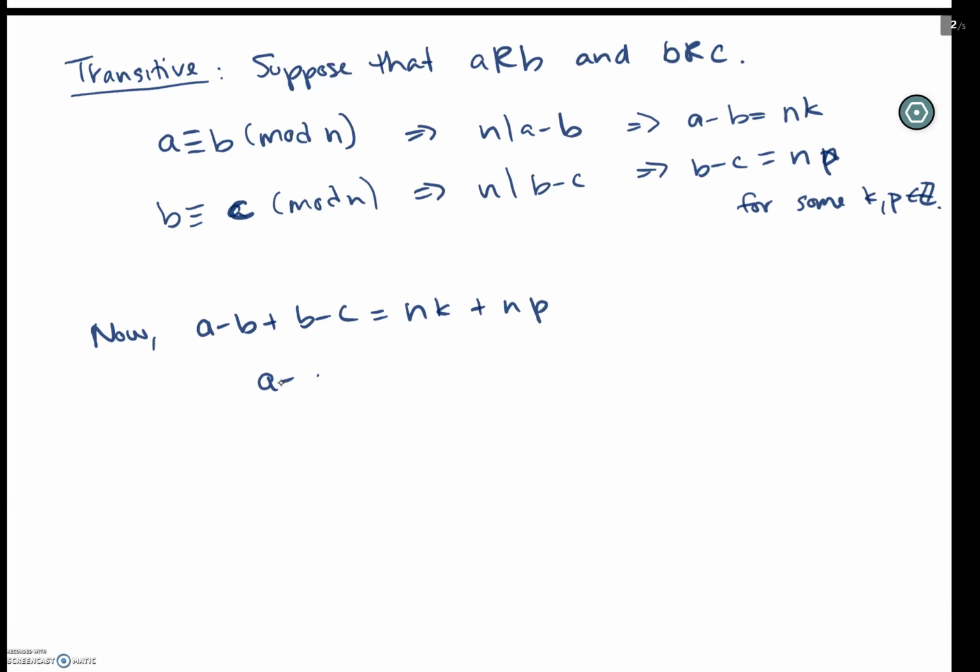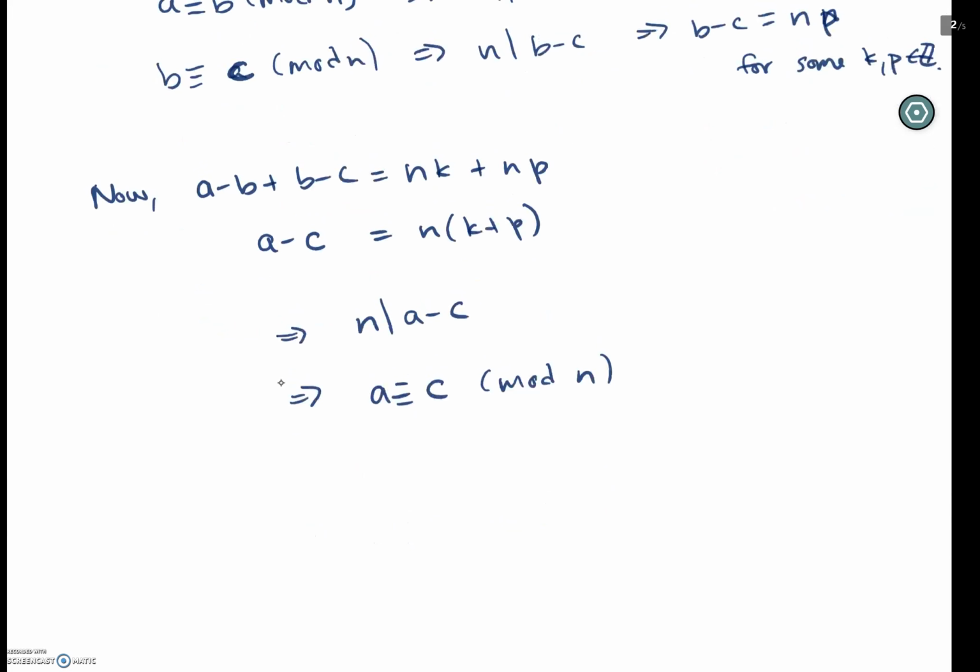On the left, we'll be left with a minus c, and on the right, we'll have n times k plus p, which in turn tells us that n has to divide a minus c, which in turn tells us that a is congruent to c mod n, and hence we get that a is related to c.